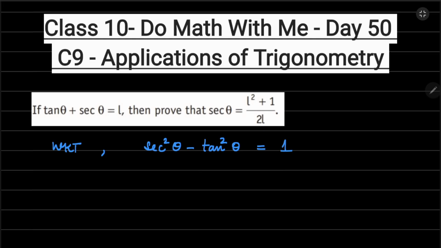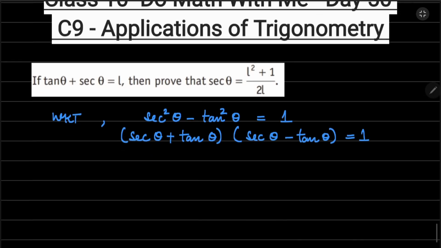Okay, so this is of the form a square minus b square. So what is it? It's a minus b into a plus b, or a plus b into a minus b. Secant theta plus tan theta multiplied by secant theta minus tan theta is equal to 1. So you have just used the identity that a square minus b square is equal to a plus b into a minus b.